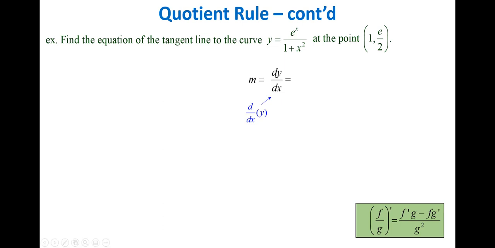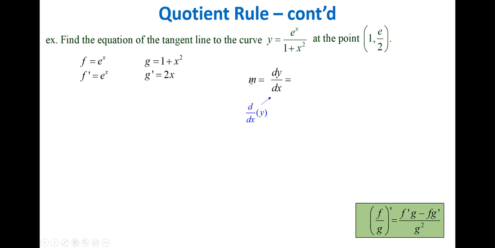Think of this, instead of dy dx, as taking the derivative with respect to x, because that's the variable of y. And then creating the chart. Numerator, or f, is e to the x. Denominator, or g, is 1 plus x squared. F prime is e to the x. G prime is 2x.